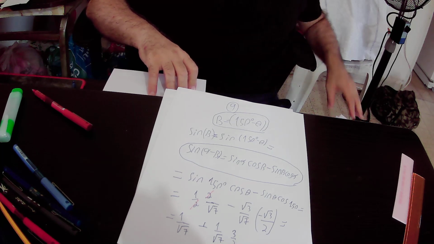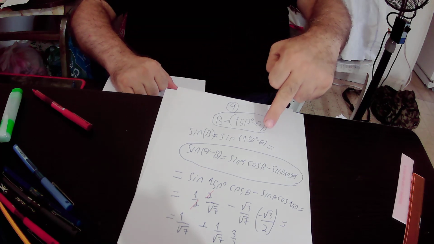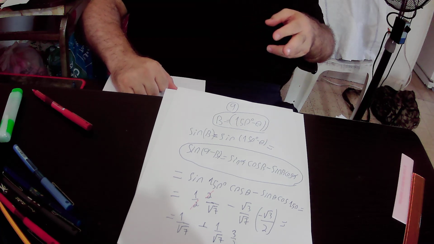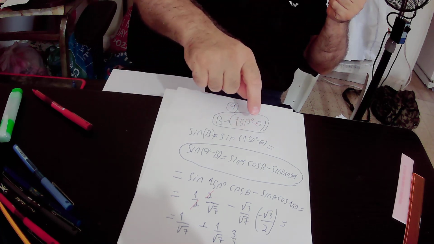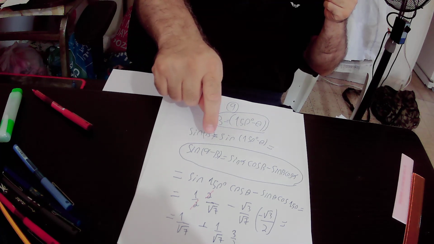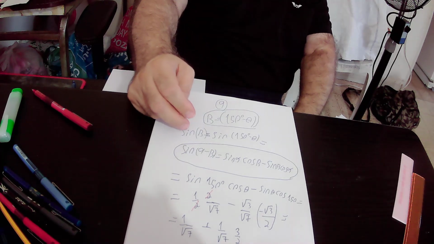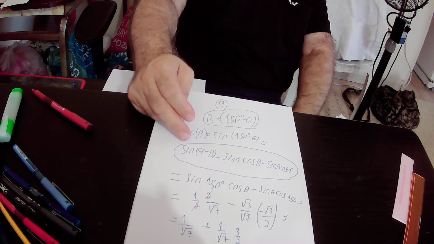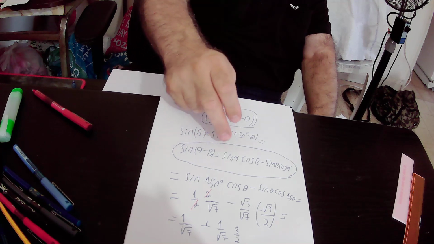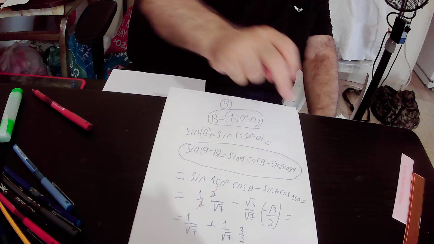If beta equals to 150 degrees minus theta, then sinus beta equals to sinus 150 degrees minus theta. In order to find out the value of sinus 150 degrees minus theta, we have the second trigonometric identity of sinus alpha minus beta. According to the second trigonometric identity, the value of sinus alpha minus beta equals to sinus alpha cosinus beta minus sinus beta cosinus alpha.